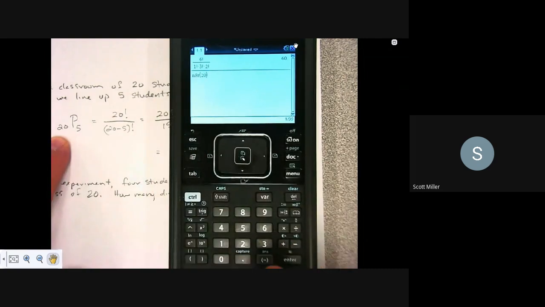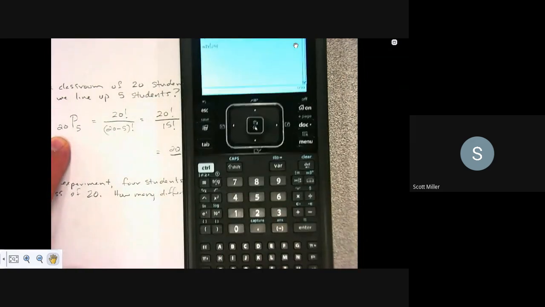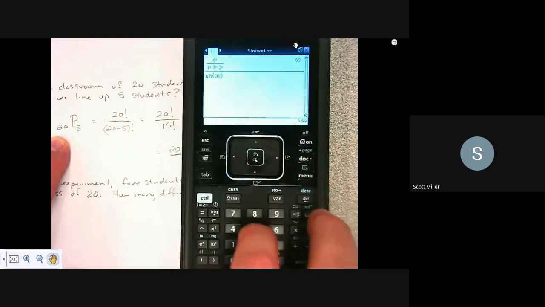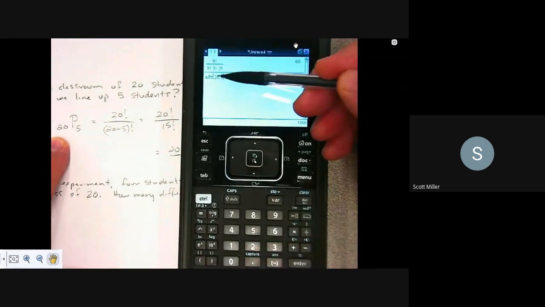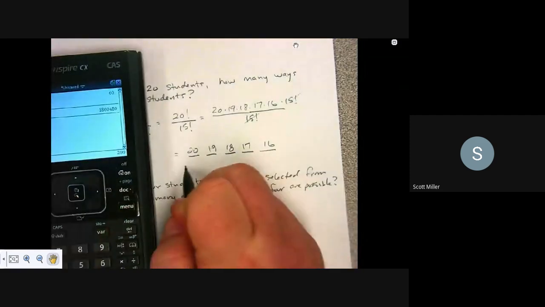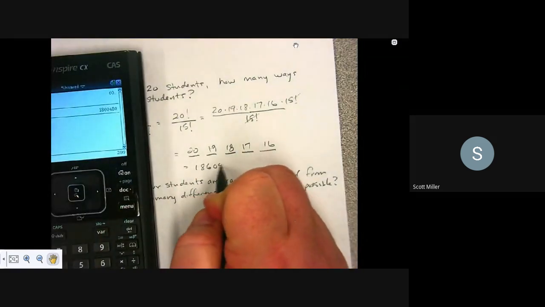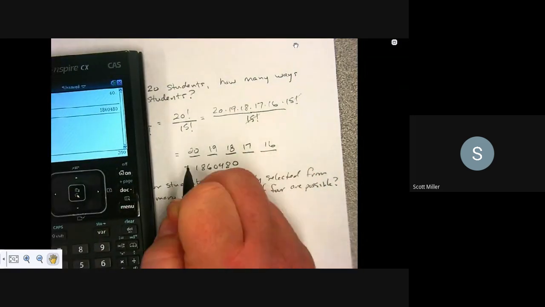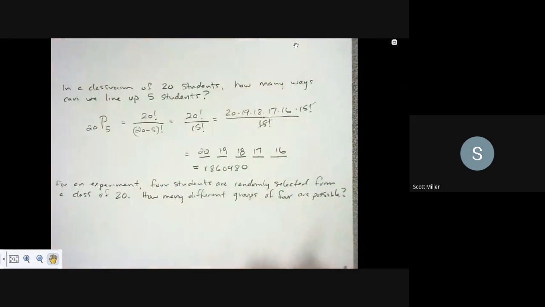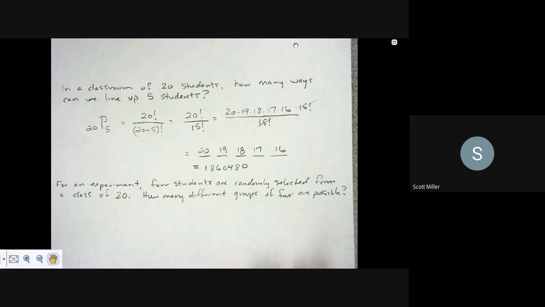And then you're going to put the comma, which is right down here. Then you're going to put the 5. So there's the 20, there's the 5. And then you hit enter. It's going to give you that number right there, which is the answer. That's the number of ways I can line people up at the door.